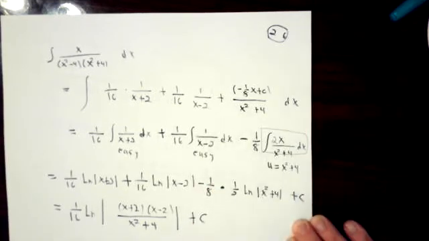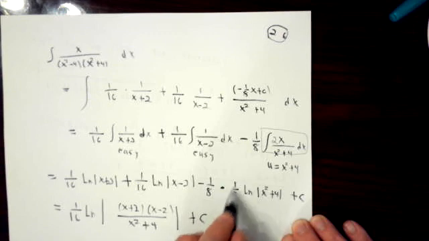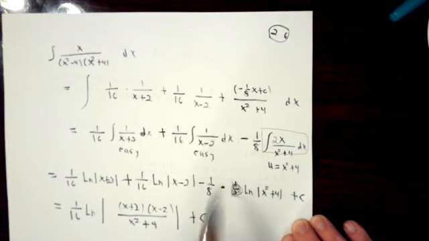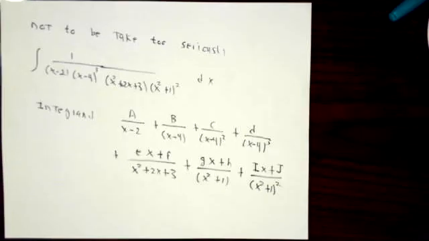So this integral is actually natural log absolute value of x squared plus 4, but I had included this extra factor of a half, so I'd made an error there. Other than that, you could leave this as is, or you could use properties of logarithms to combine. I'm just going to leave it like that.